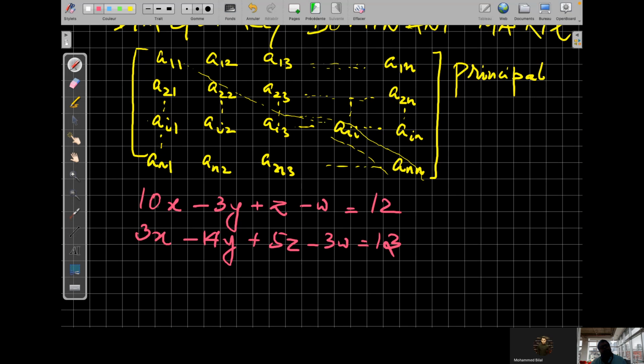So basically, maybe a big number here, 15z, and maybe another big number here, say 20w. So these numbers have to be the biggest in the row. If I do that, then only I can solve the equation by the Gauss-Seidel method.